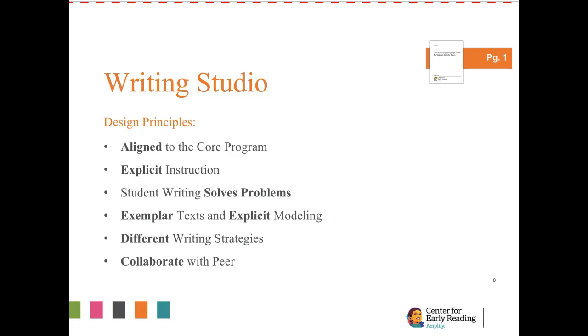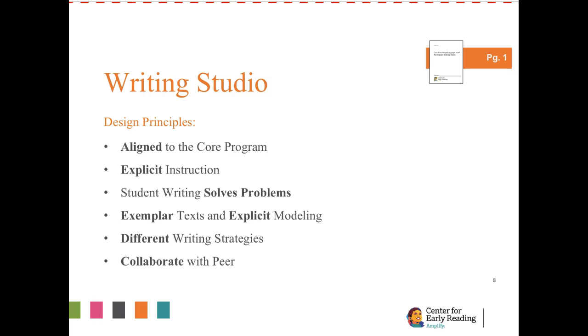Writing Studio includes explicit instruction in the writing types, such as opinion, narrative, and informational genres. Writing opportunities within Writing Studio appear in the form of problems to be solved, such as how to change a law or recruit a new colleague.